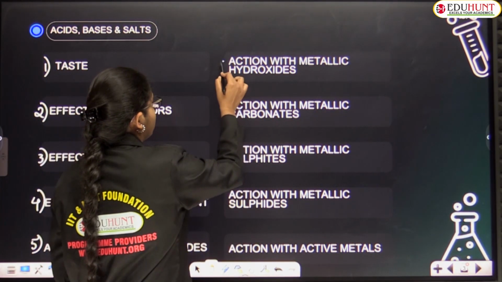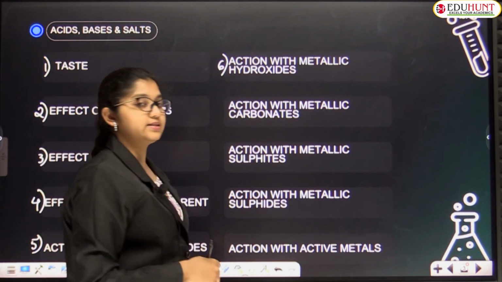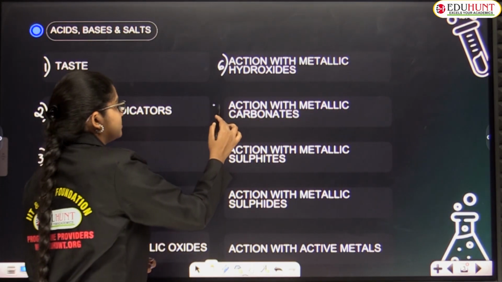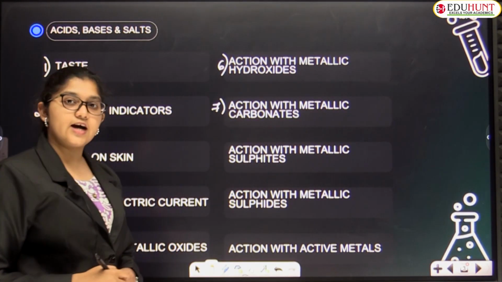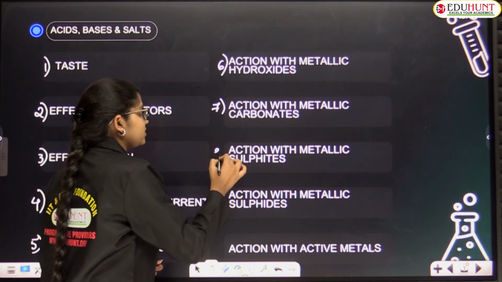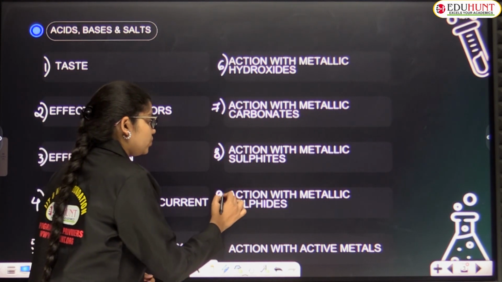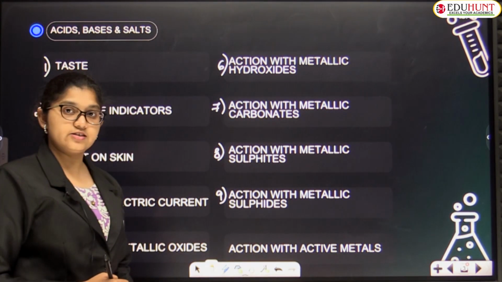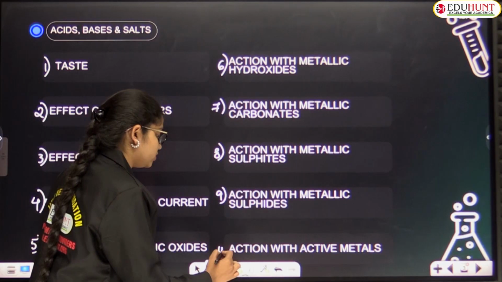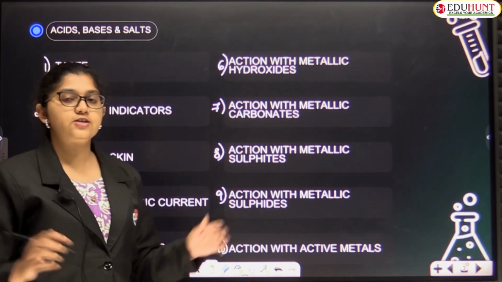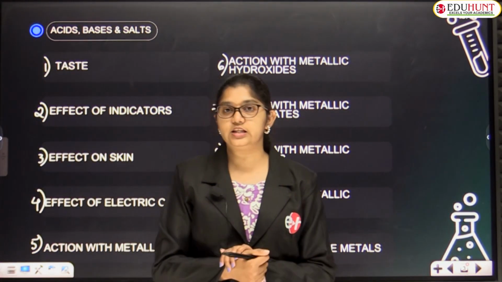Sixth, action with metallic hydroxides. Seventh, action with metallic carbonates. Eighth, action with metallic sulfites. Ninth, action with metallic sulfides. And tenth is action with active metals. So these 10 we are going to learn in this particular video.